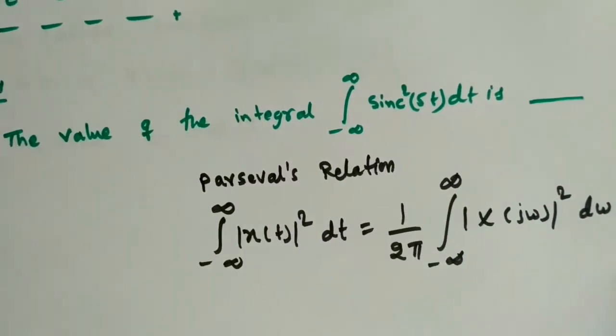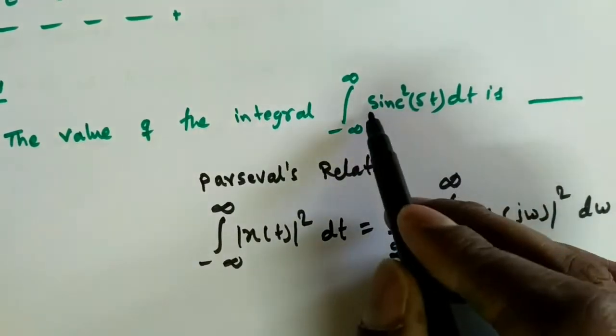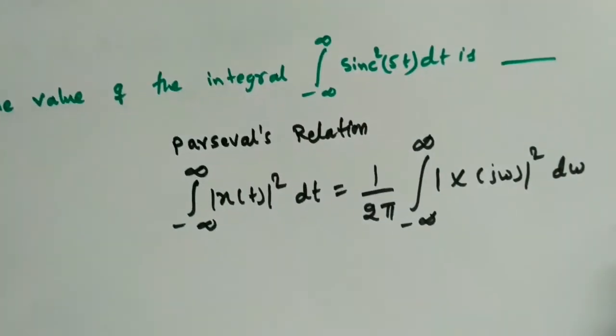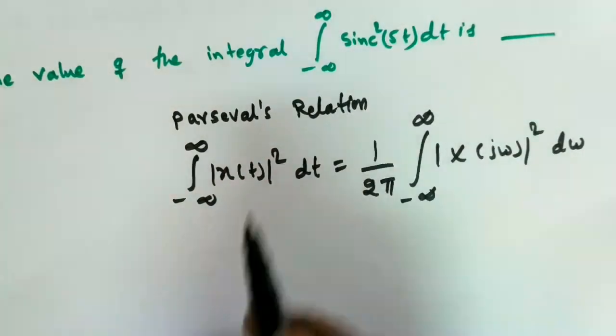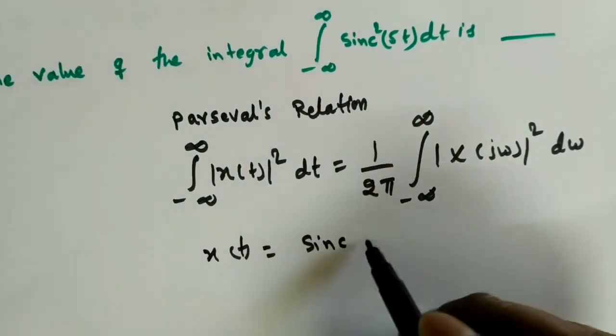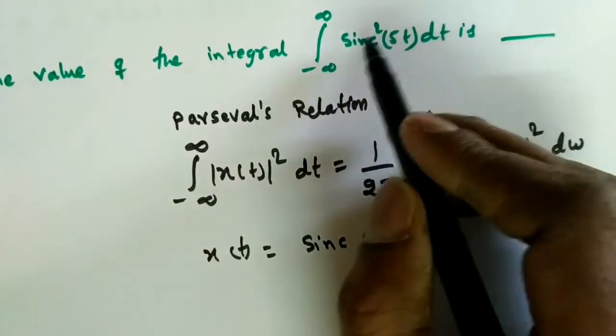It is very difficult to integrate sinc square in the time domain, so that's why we'll use the frequency domain. Now if I compare these two, x of t will become sinc(5t), because sinc square means x of t whole square.